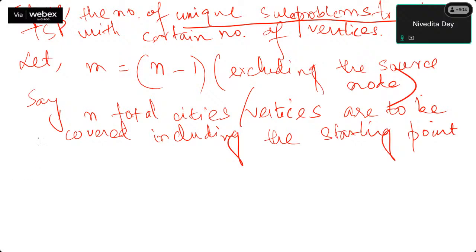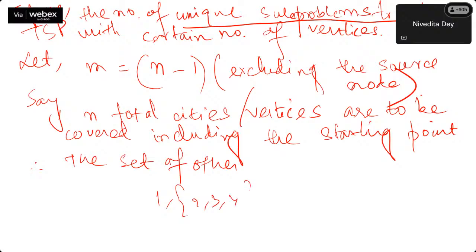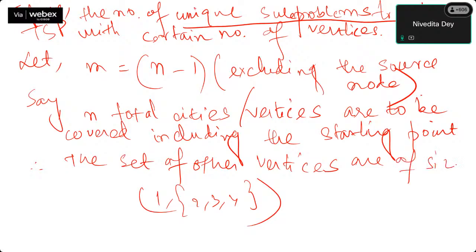Therefore, the set of other vertices, meaning like 1, 2, 3, 4, that kind of thing. So the set of other vertices are of size n minus 1.